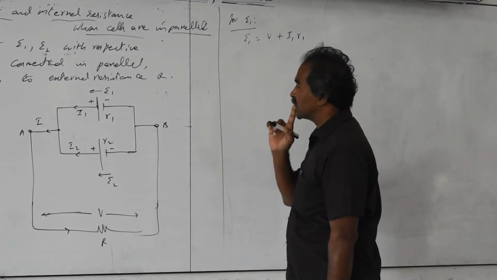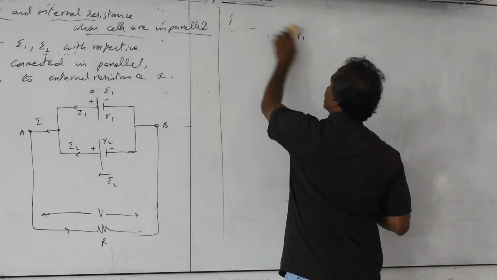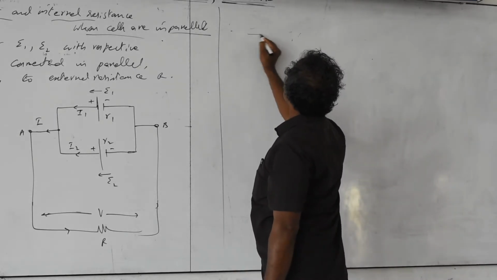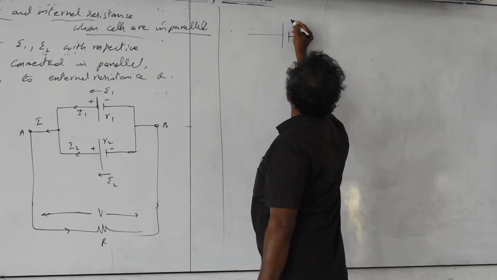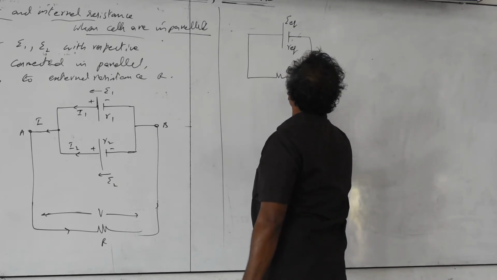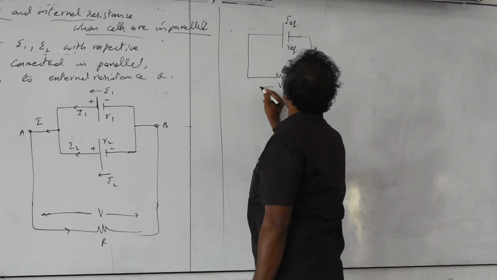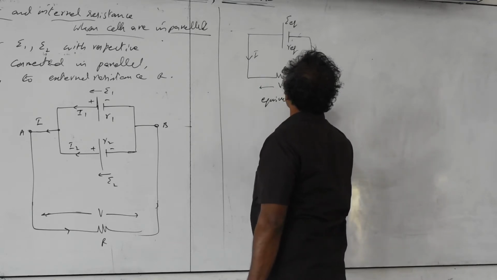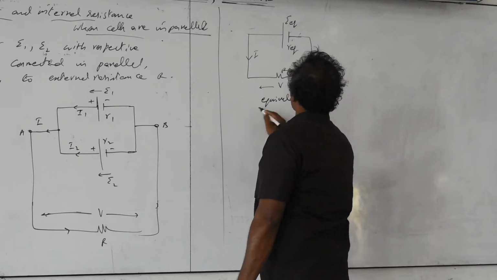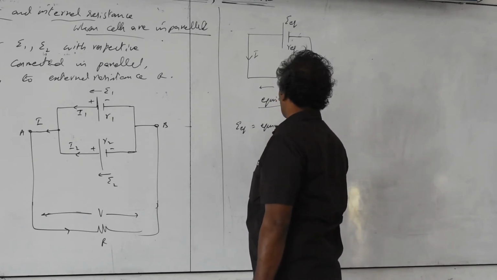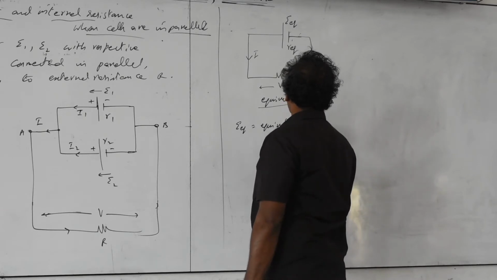I forgot one more thing, the equivalent circuit. Sorry. We take the equivalent circuit diagram. The equivalent circuit is a single circuit. This is E equivalent, this is R equivalent. Current and external resistance are the same, R. Potential difference E, this is equivalent I. This is the equivalent circuit and E equivalent is the equivalent EMF.